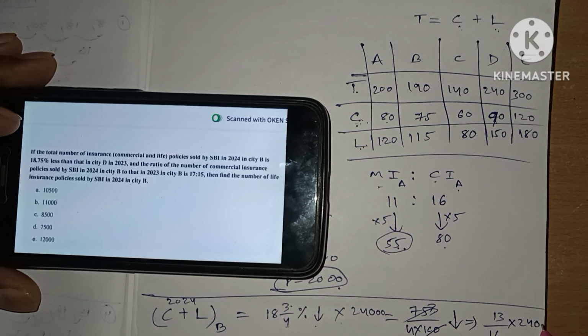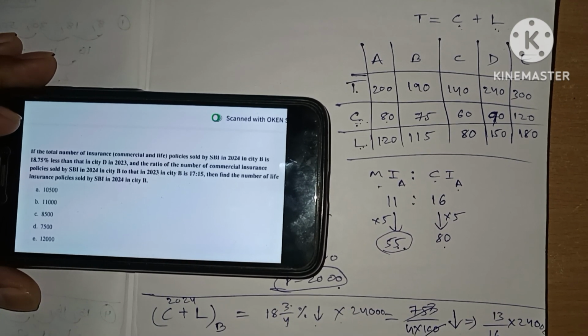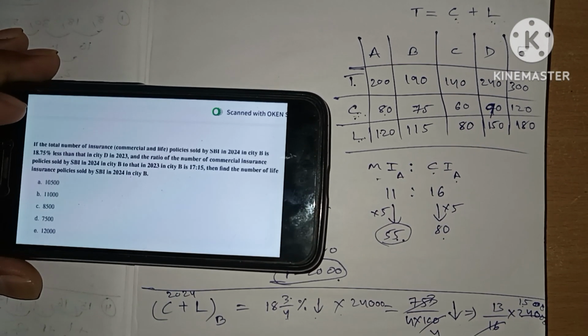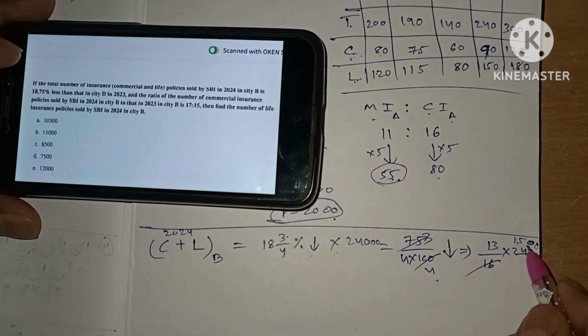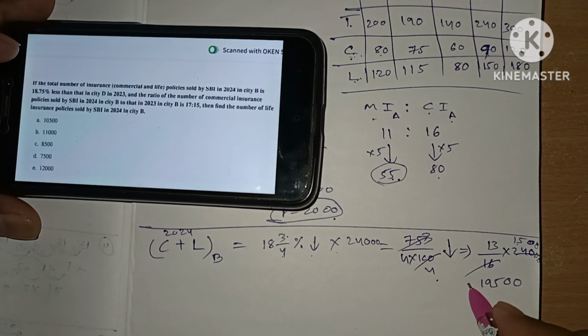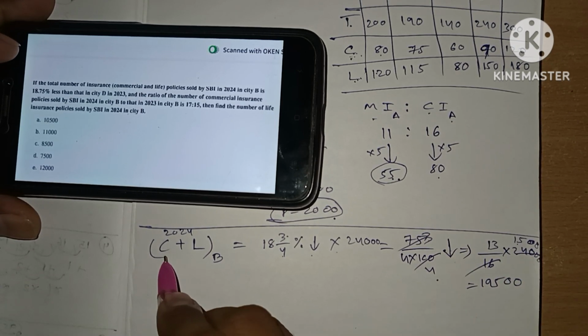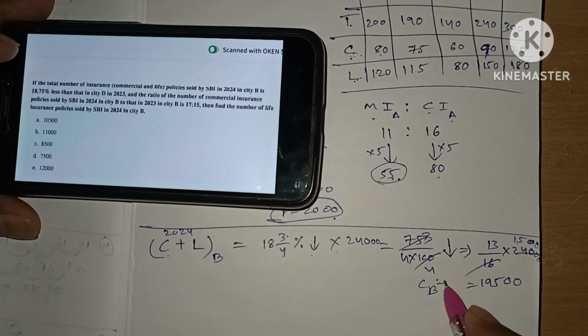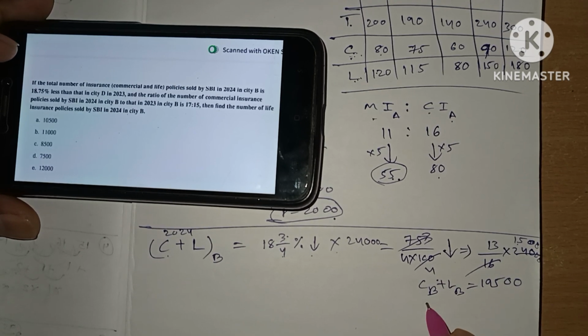These are in hundreds, so 240 double zeros. 13 times 15 will be 195, so 19500. This 19500 is nothing but CB plus LB in 2024.